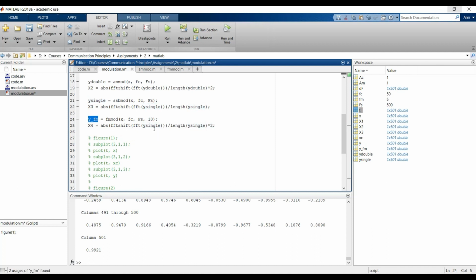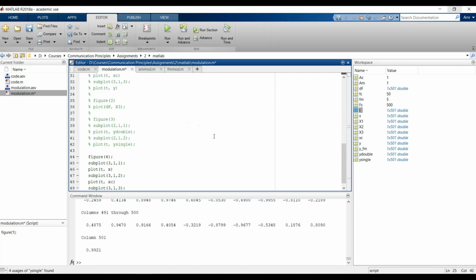I'm going to do the Fourier transform of YFM, and I'm going to plot it here as X4. We need to edit the subplots every time we want to add one. This is in terms of a matrix, so we have 4 rows and 1 column. This one is X4, and this one is DF.